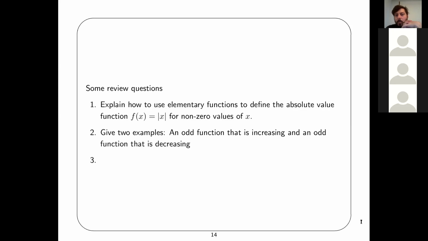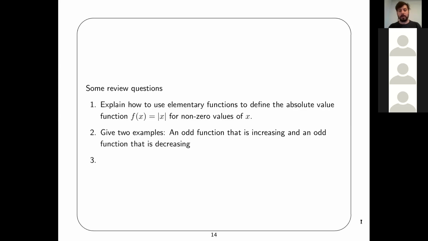Again, we can have odd functions that are increasing and odd functions that are decreasing. An odd function meaning f of minus x is minus f of x. So this is very easy to give the example because we just saw that x to the n is odd if n is odd.